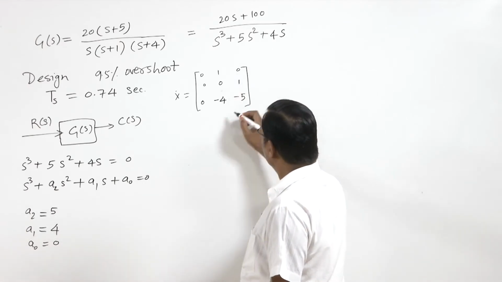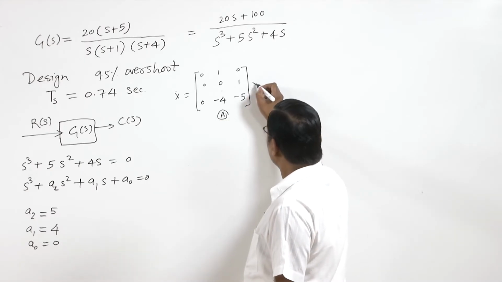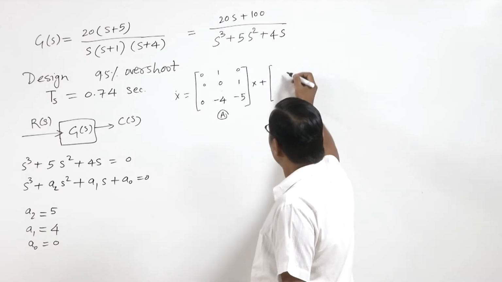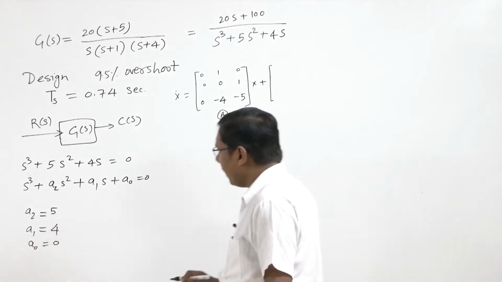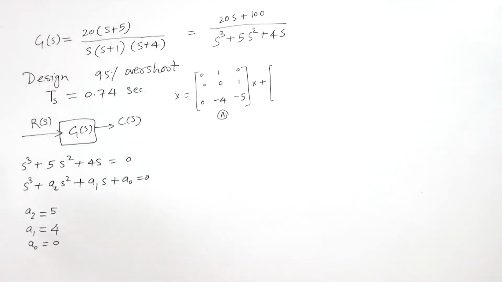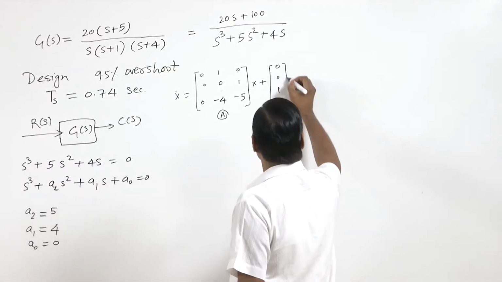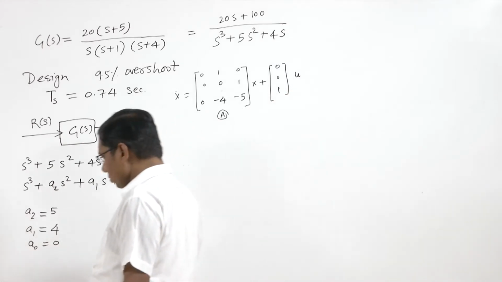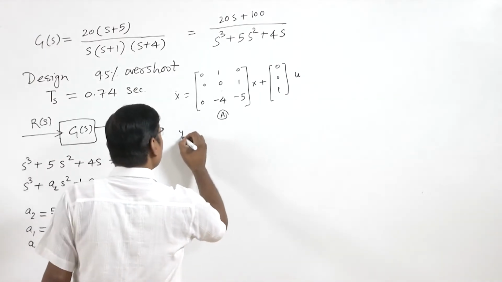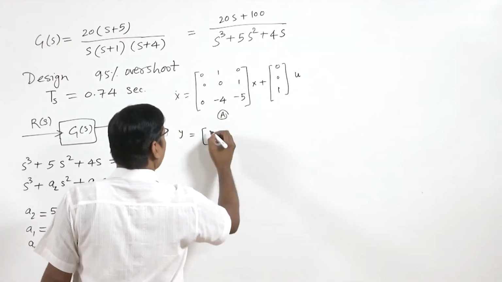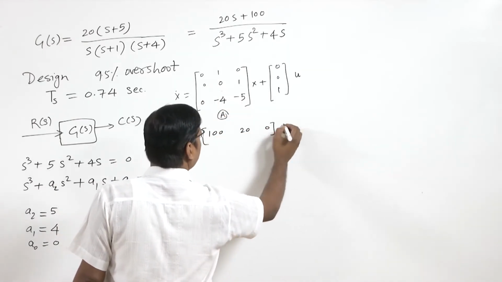This is matrix A. So Ax plus Bu, where the B matrix we have 0 0 1, and u, and here y equal to, so the C matrix comes from here, 20 1 0, and here x.